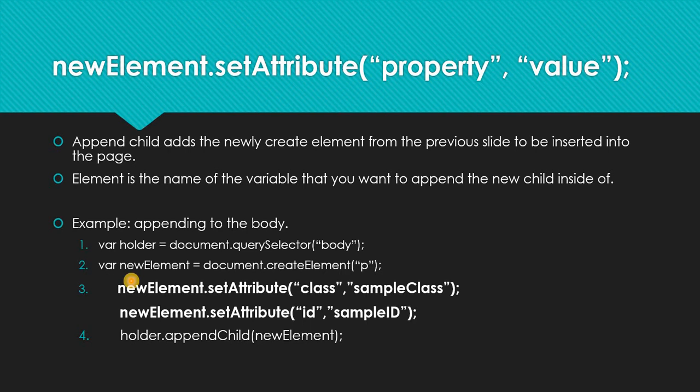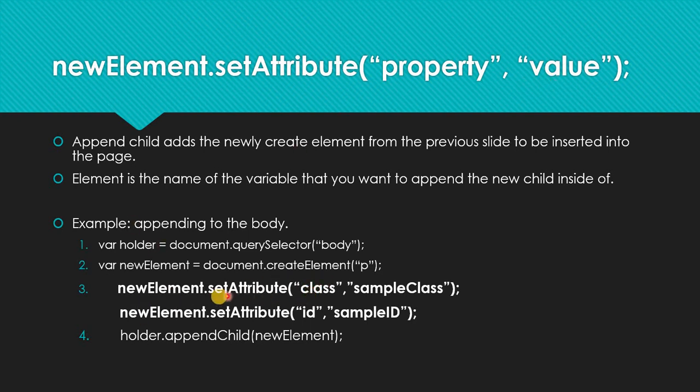Set attribute. Set attribute is where we can set the values, for example, for class or ID. You can pass in the property, which would be the class or ID, and then the value that you want to pass in.